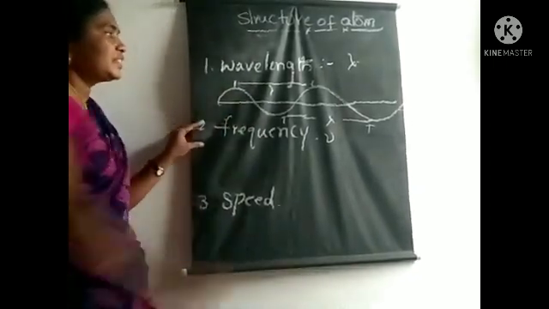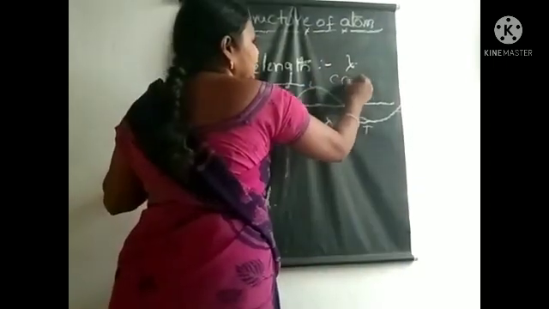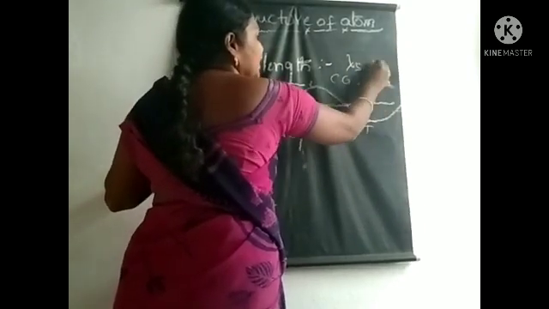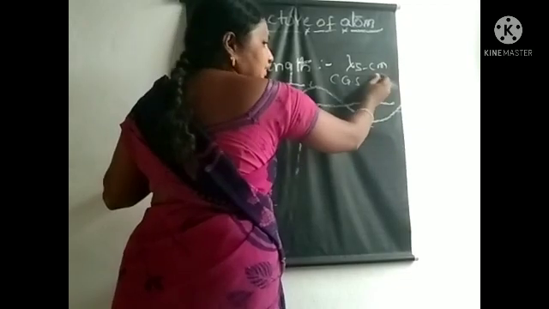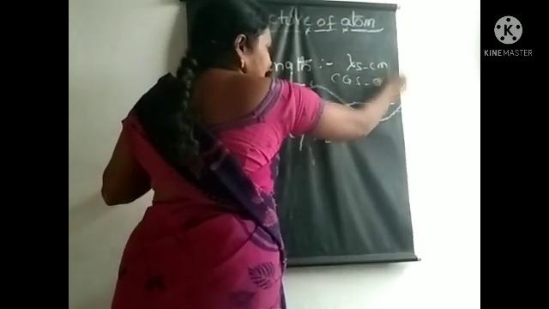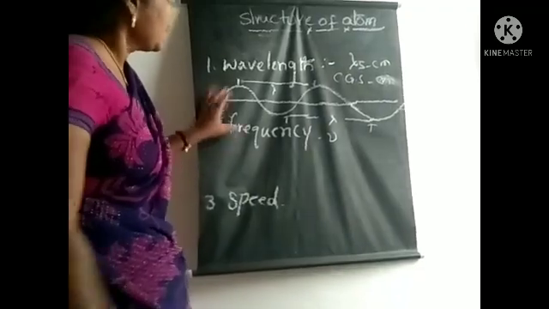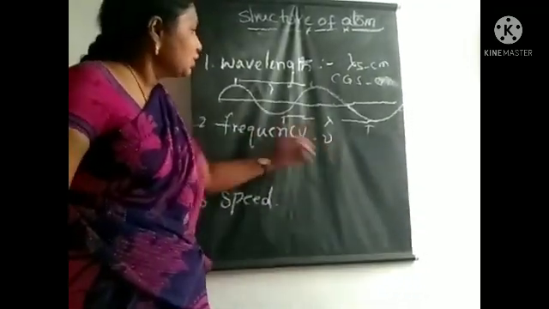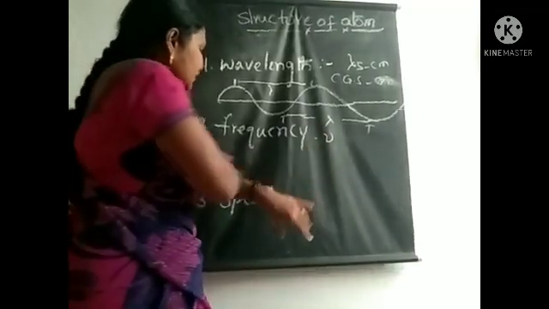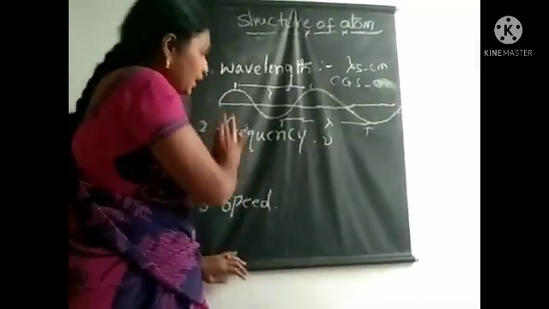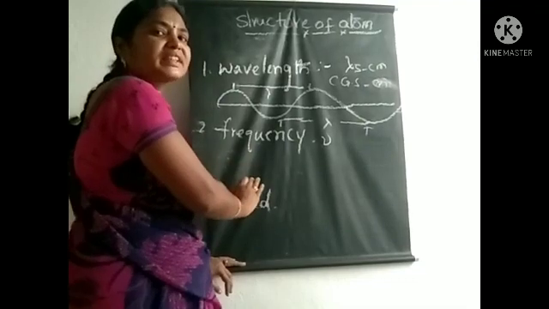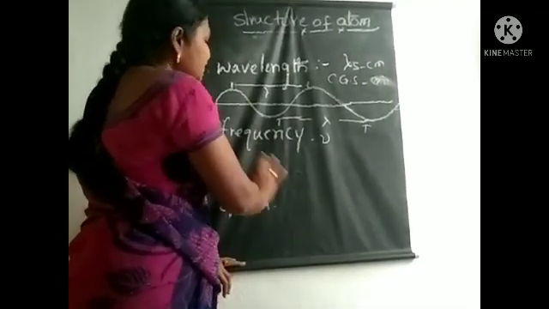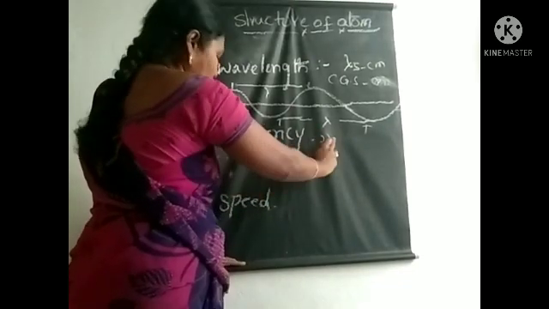For wavelength, the CGS unit is centimeter and the SI unit is meter. Frequency is denoted as mu.